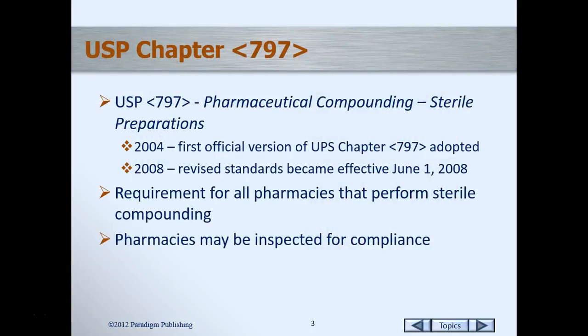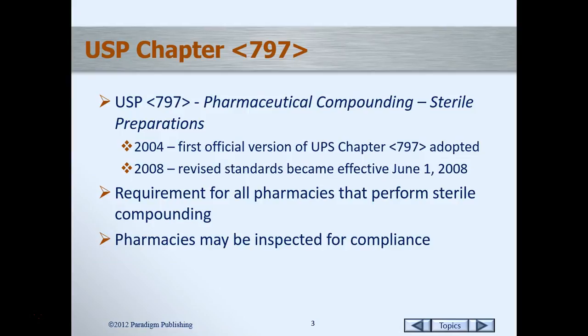So USP Chapter 797 is known as Pharmaceutical Compounding and Sterile Preparation. In 2004, the first official version of Chapter 797 was adopted, and it became enforceable in January 2005.